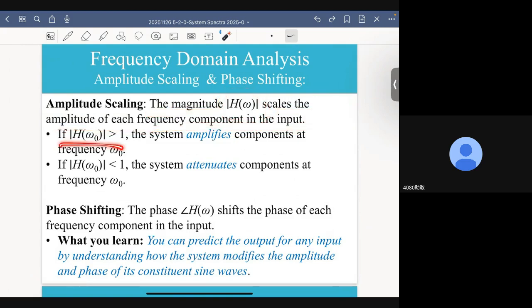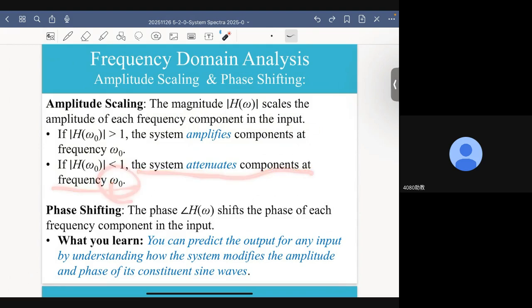If its value is larger than 1, that means that the system will amplify that frequency component, all right? However, by contrast, if the value of the amplitude spectrum of the transfer function is smaller than 1, then the system attenuates components at the frequency of omega 0.